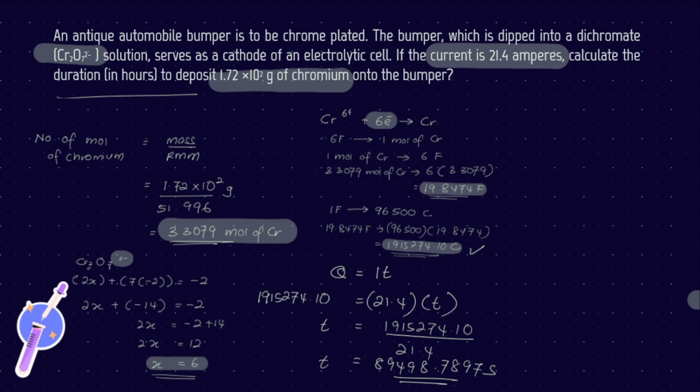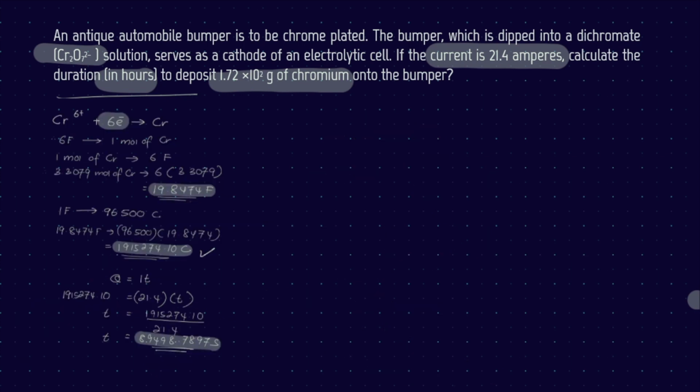But looking at the question, you were asked to calculate in hours, so you need to convert from seconds to hours. Basically, 1 hour is equivalent to 3600 seconds.